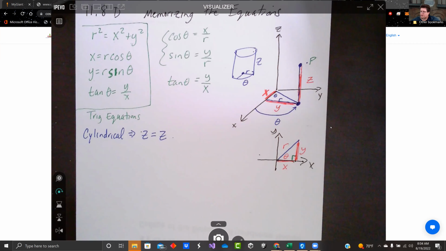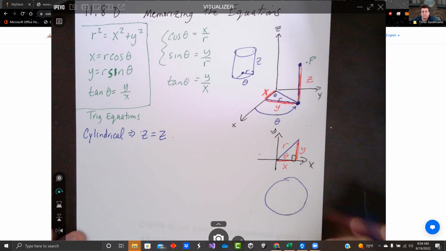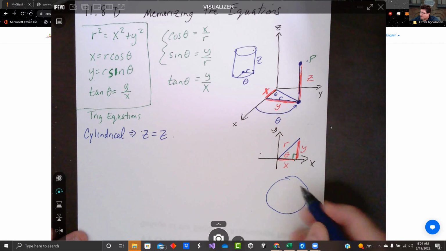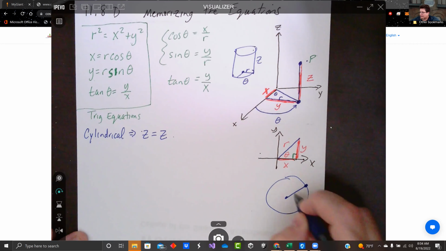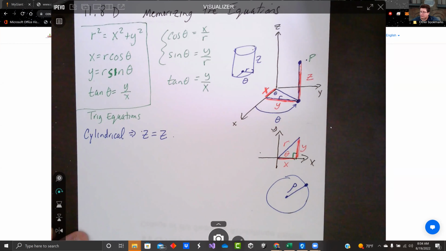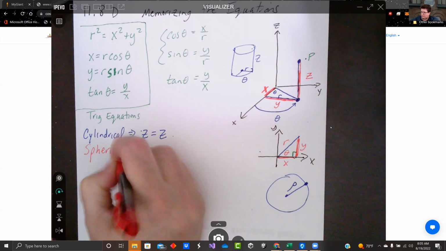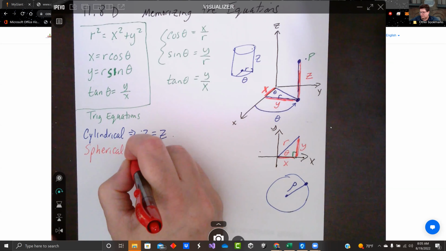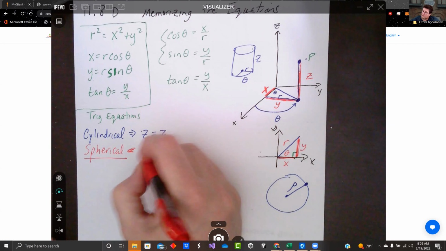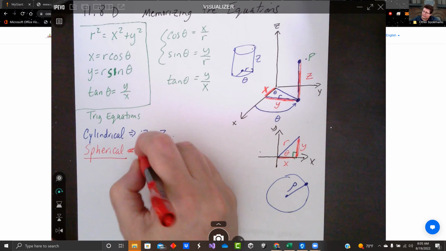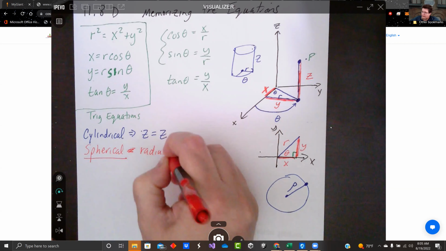Now switching to spherical. Any point from the center is again a distance formula, and we're going to use rho instead of r. So radius here is rho.